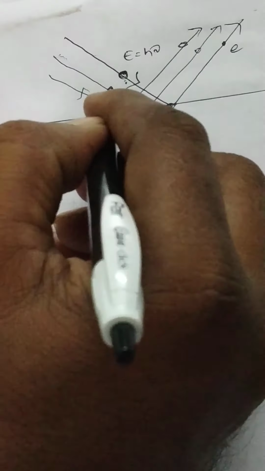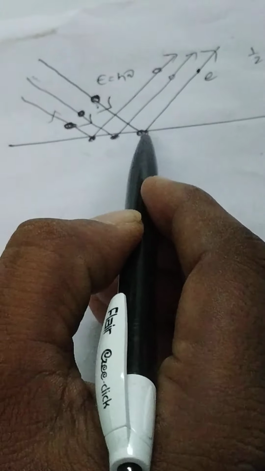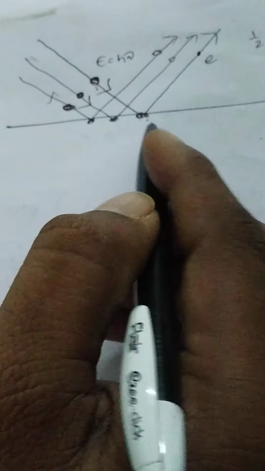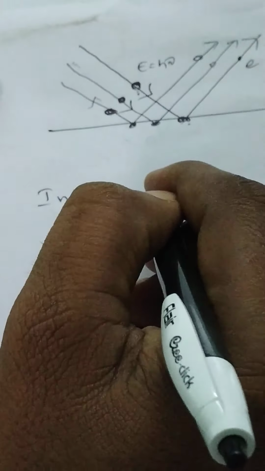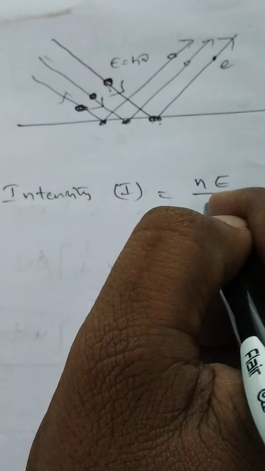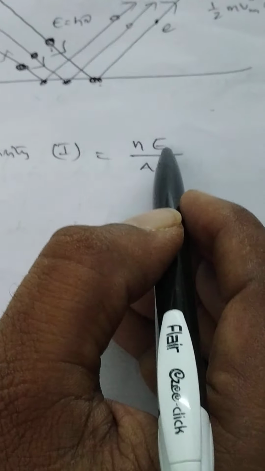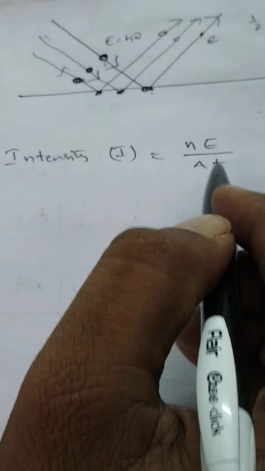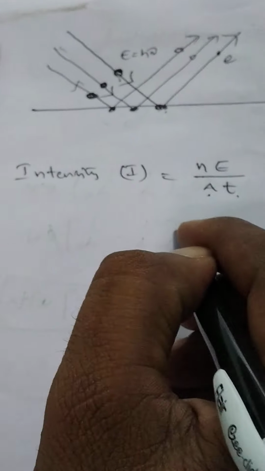The number of photons incident per unit area in one second is known as the intensity. Therefore, intensity I is equal to N into E by A into T. Capital E is the energy of each photon, which is also equal to h nu. N is the number of photons, A is the surface area, and T is time.